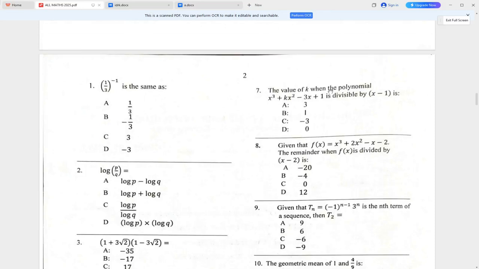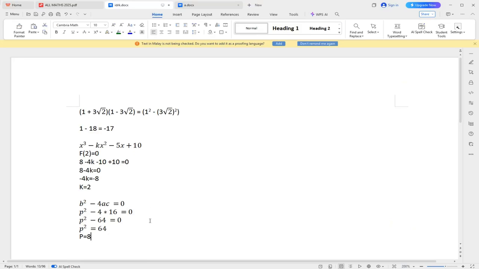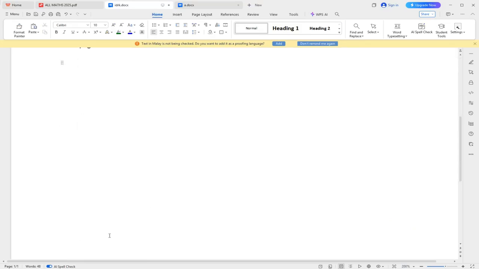Question 7, the value of k when the polynomial x cubed plus kx squared minus 3x plus 1 is divisible by x minus 1 is, if this polynomial is divisible by x minus 1, it means when x is equal to 1, f of x should be equal to 0. Now this is our polynomial, and we know that f of 1 is equal to 0.